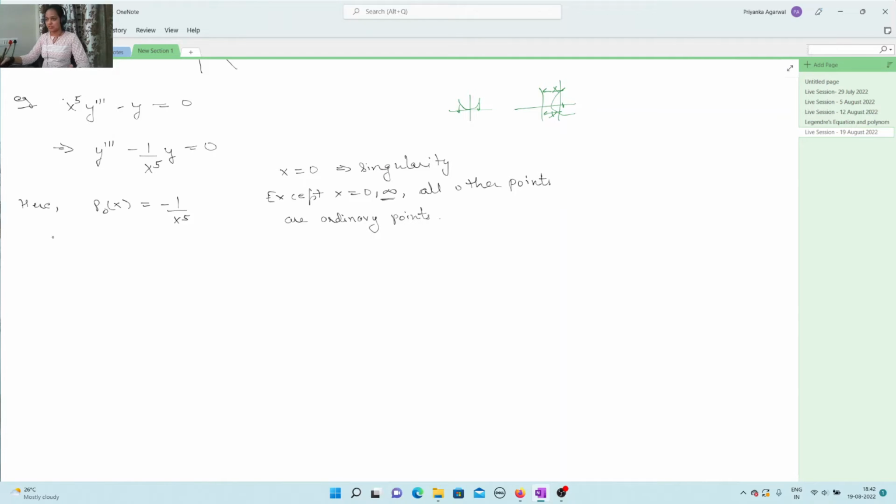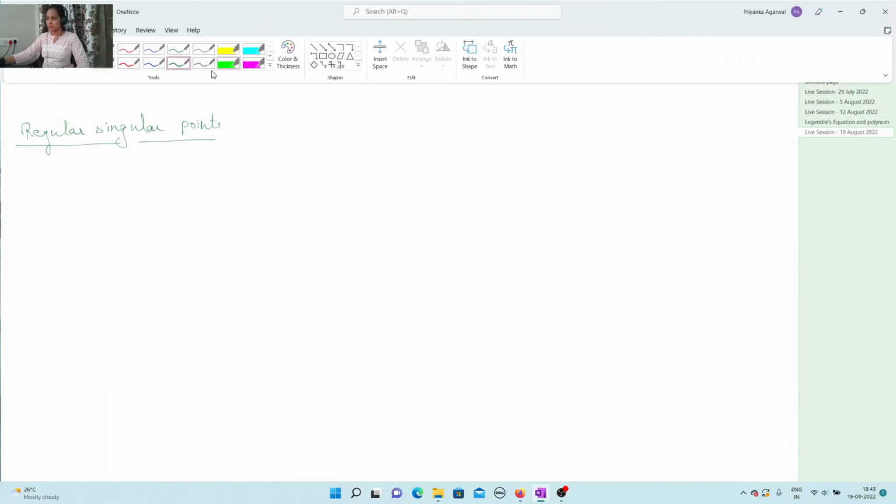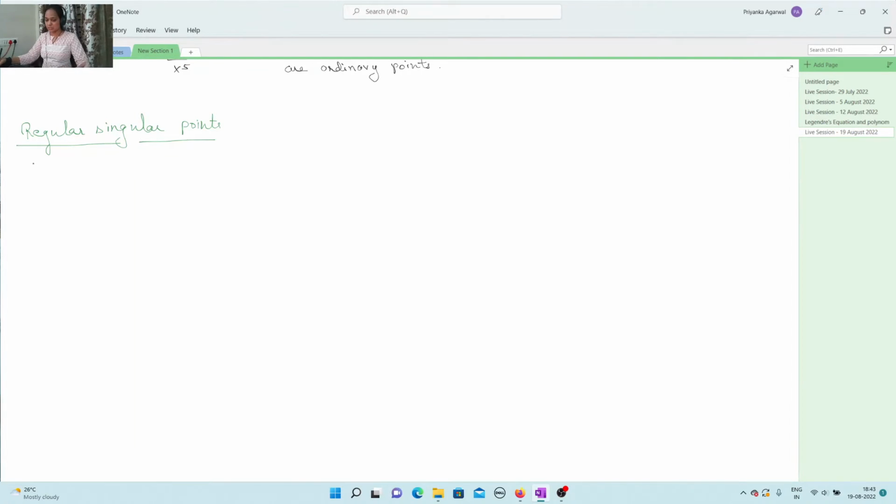If not, then I'll move on to the next definition, which is the regular singular point. For regular singular points, firstly the point will be singular, but we can classify it as regular singular.